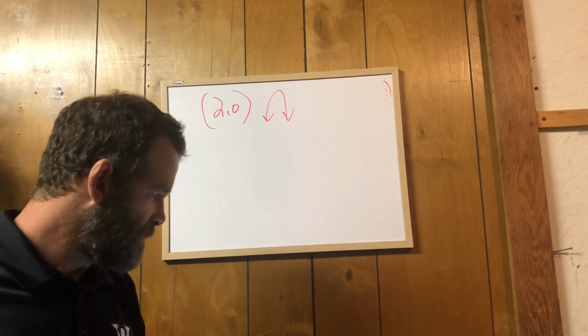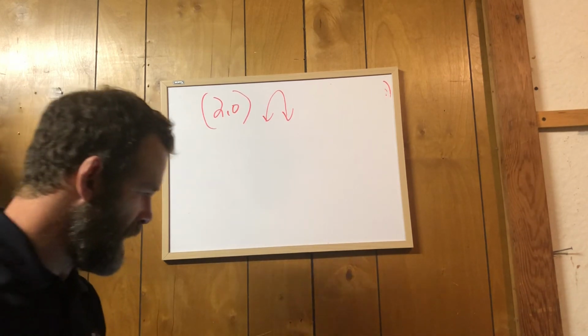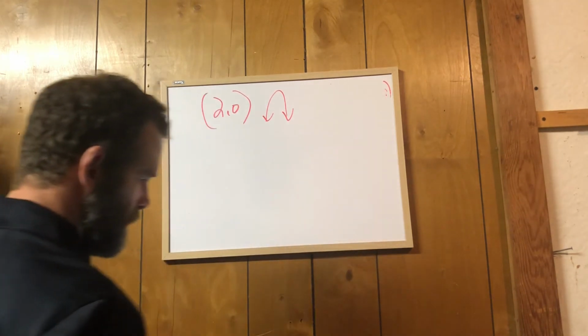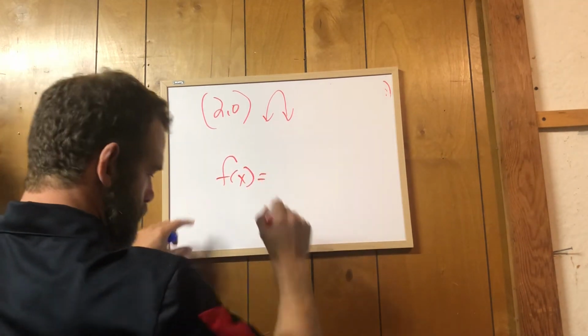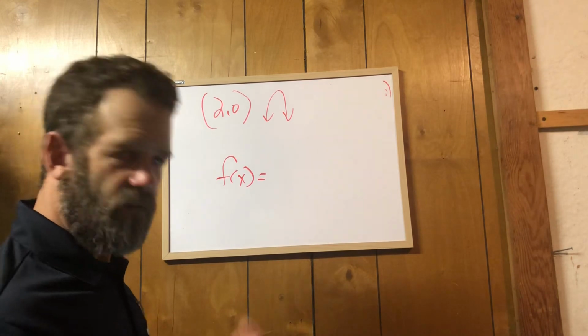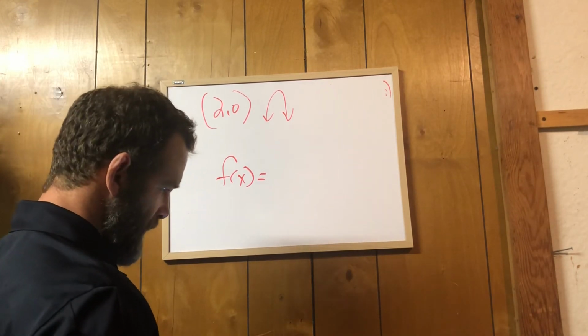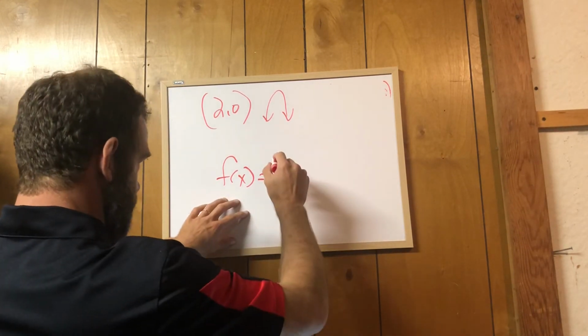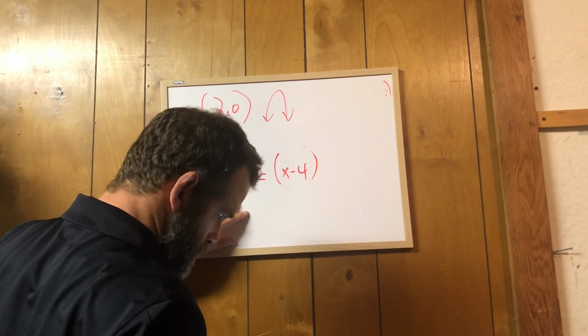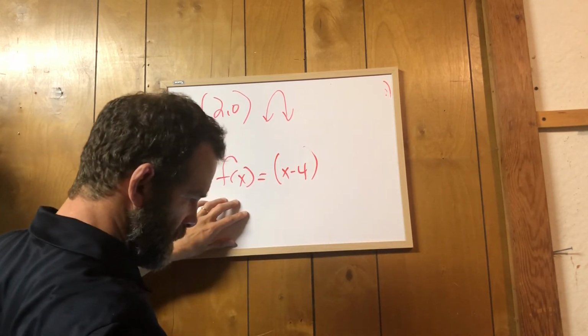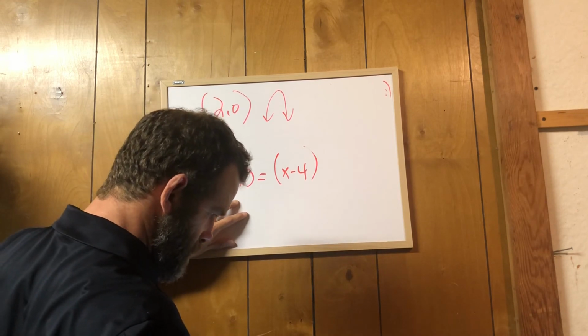Okay, number 17. A third degree polynomial has a real root at 4, so it's going to be x minus 4. F of x or y, same thing. I mean, it's not, but for right now, just think of it as the same. There's only one answer that has x minus 4 in it.